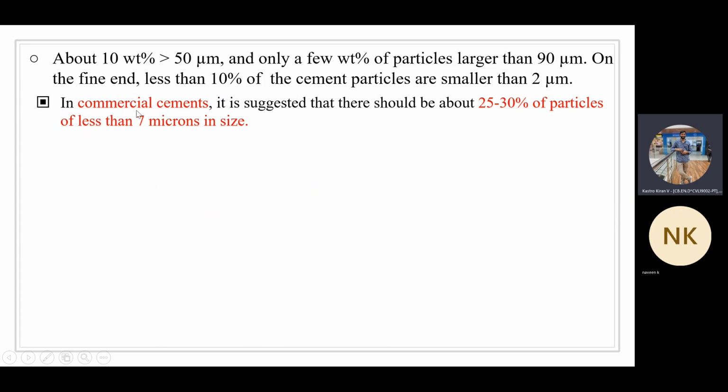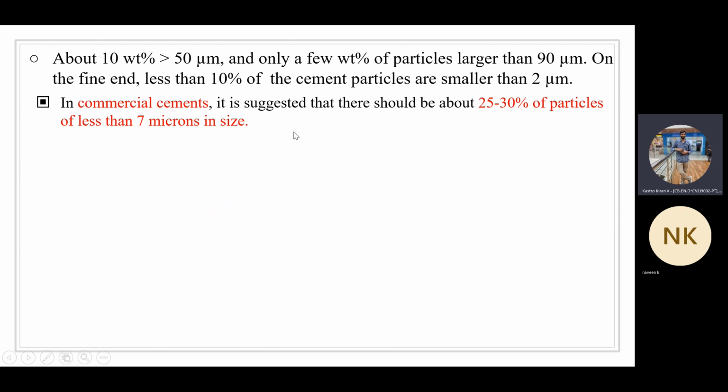In commercial cements, it is suggested that about 25 to 30% of the particles should be of size less than 7 microns. If you take 100% of the cement bag, 25 to 30% of the cement particles must have a size less than 7 microns.